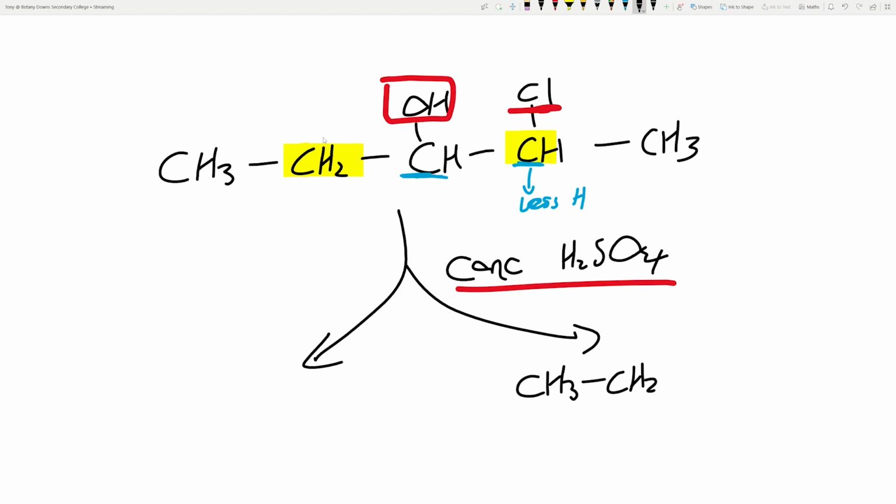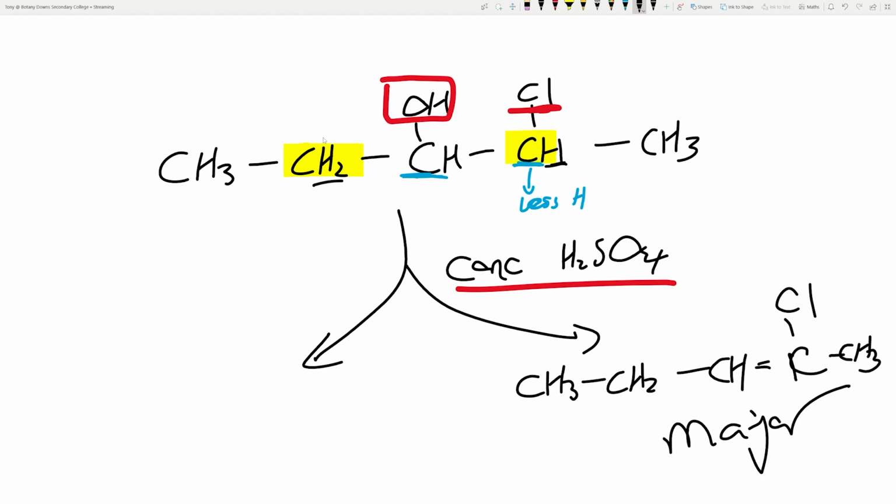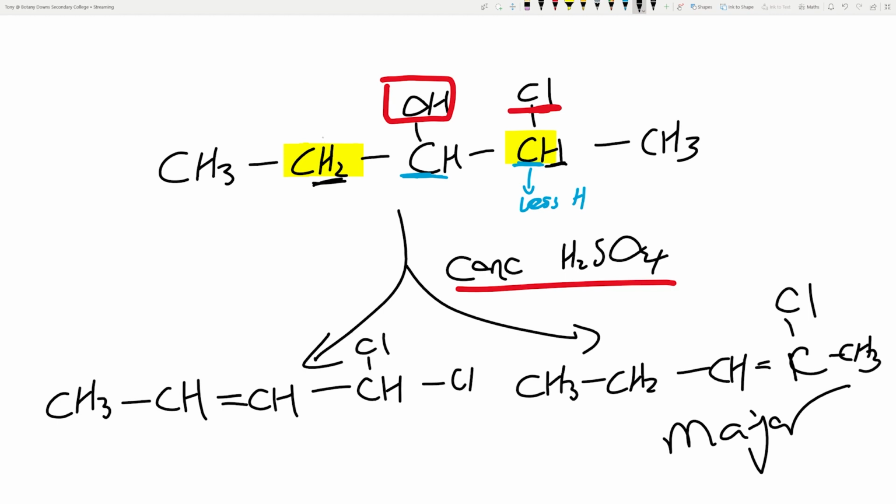So I lose this H, and I double bond here, and that's CH3. This is the major product. Or I can do the minor product: I lose the H that I just highlighted, it double bonds there, and everything else stays exactly the way it is on the other side.